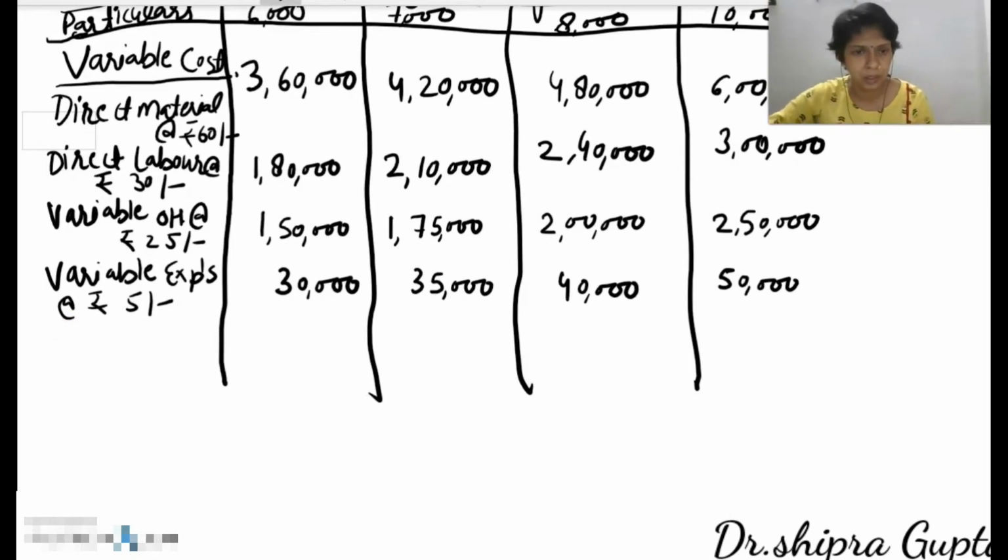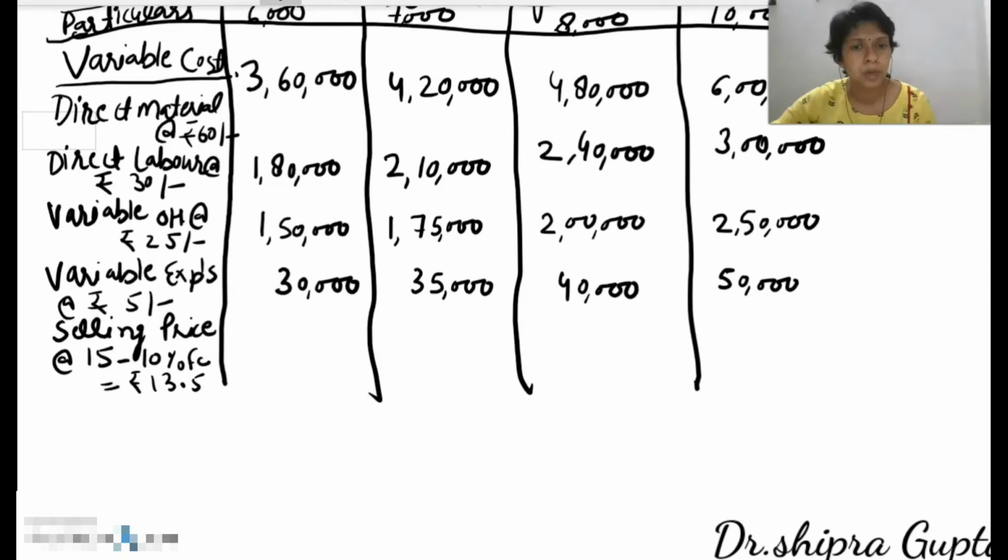So I have taken selling price at the rate of 15 minus 10% fixed. So it will come rupees 13.5 per unit.